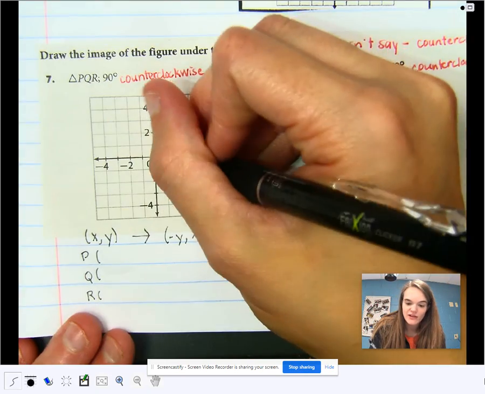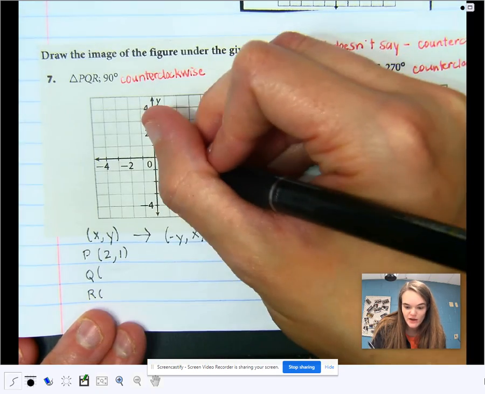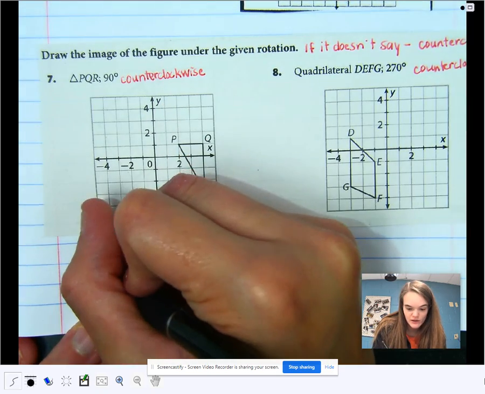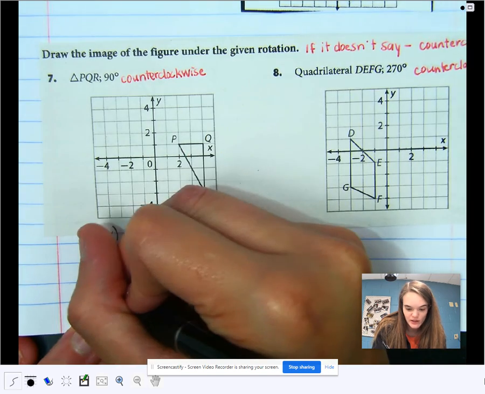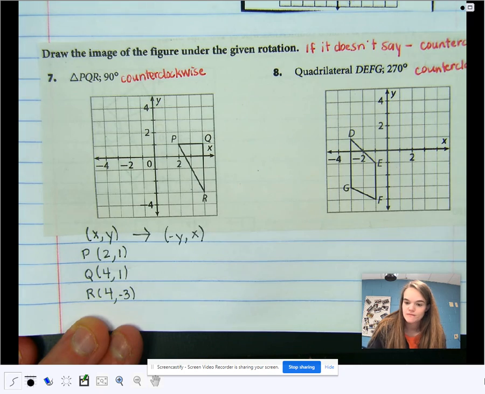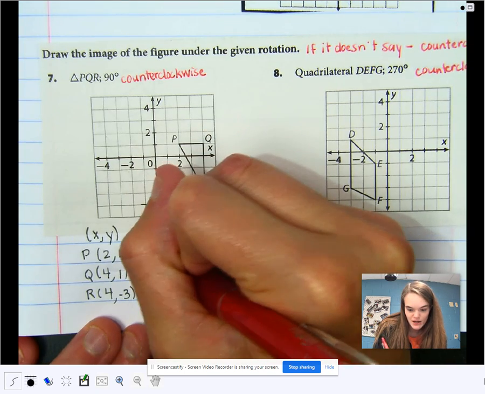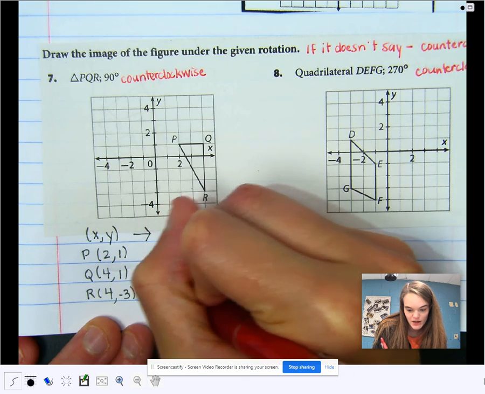So P is at 2, 1. Q is at 4, 1. R is at 4, negative 3. P prime, Q prime, R prime.